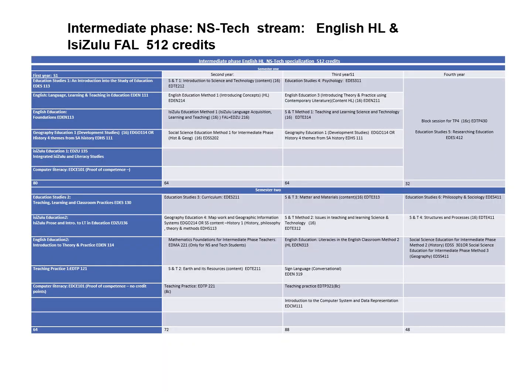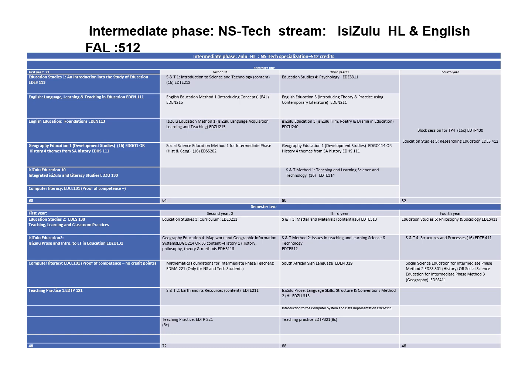The grids that follow very precisely and concisely reflect the modules a student needs to register for each stream and the language option that they choose to select. It is from year 1 to year 4. The slide shows the modules one needs to register for in the NS Tech stream when isiZulu is home language and English is FAL.